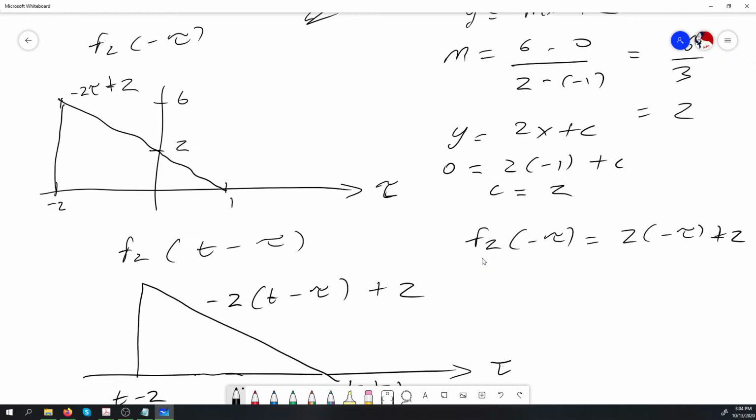And then we want to say this is going to be f of 2 into minus tau plus t, which now becomes 2 into minus tau plus t plus 2. And we can rearrange this accordingly. Minus 2 here, sorry, this becomes minus 2 into t minus tau plus 2.